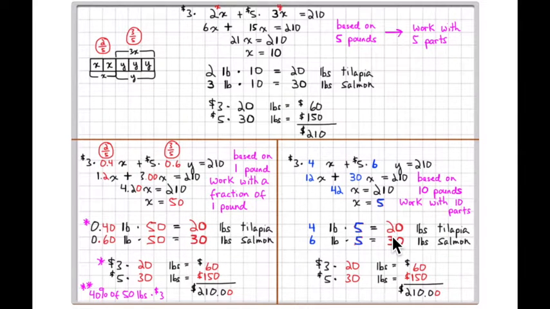So in this third case, I purchased 10 pounds of fish, so 4 pounds of tilapia and 6 pounds of salmon, because I wanted that split. I wanted 4/10 to be tilapia, that's 4 pounds, and 6/10 to be salmon, that's 6 pounds. And so 4 pounds of tilapia at $3 per pound, that's $12. 6 pounds of salmon at $5 per pound, that's $30.